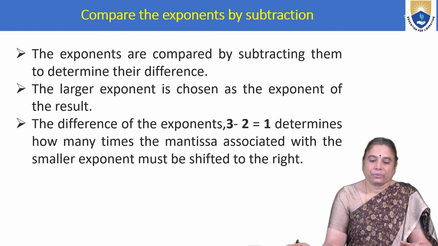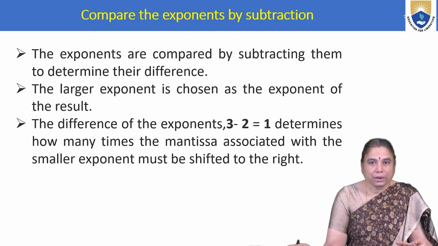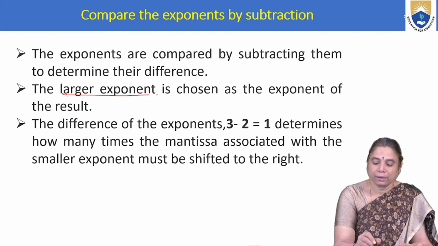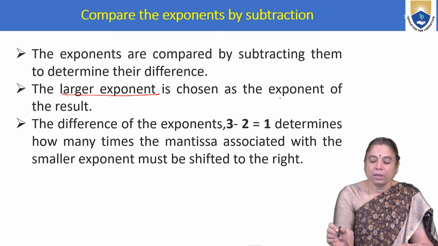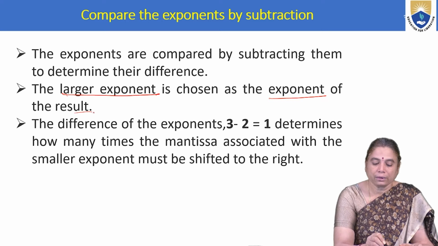What is the first step? The first step is to compare the exponents by subtraction. The exponents are compared by subtracting them to determine their difference. The larger exponent is chosen as the exponent of the result. The number that has the larger exponent value is the one whose exponent is chosen for the result.